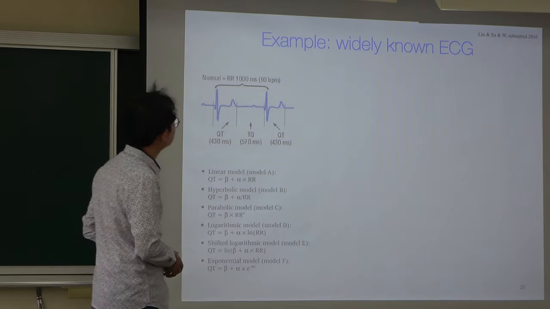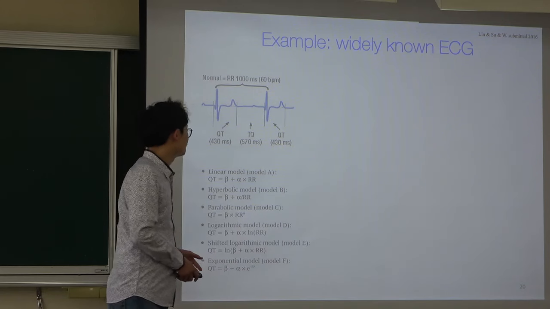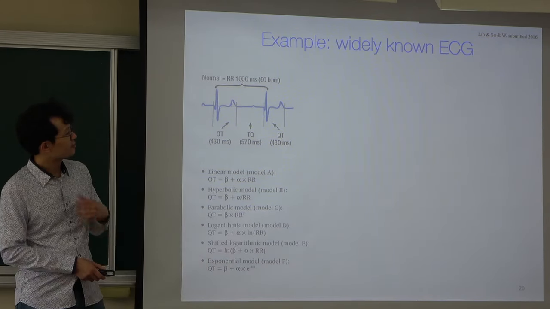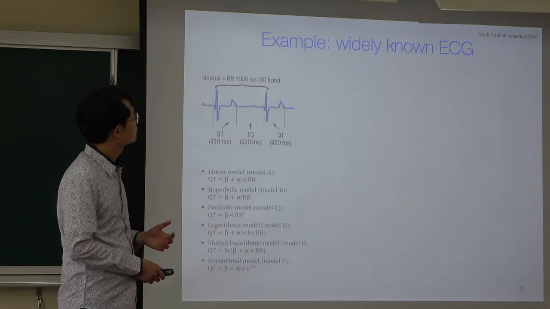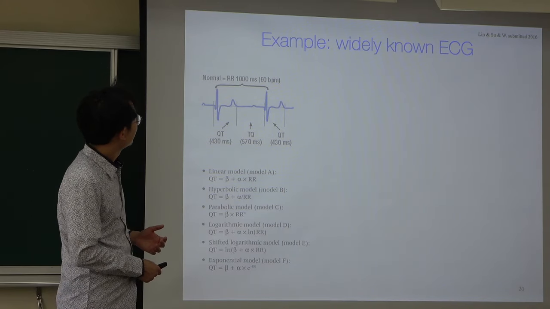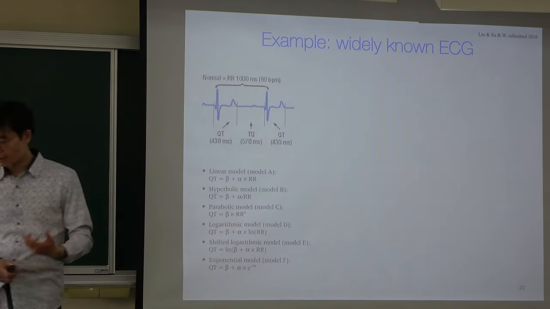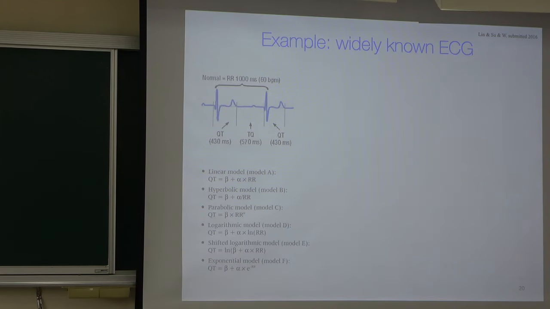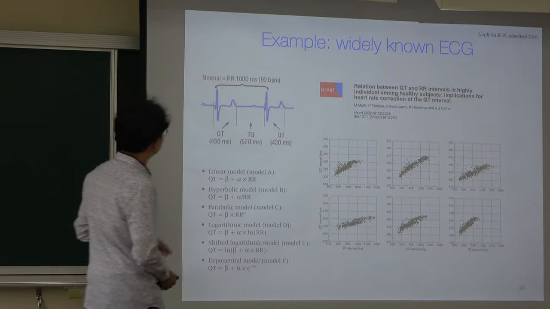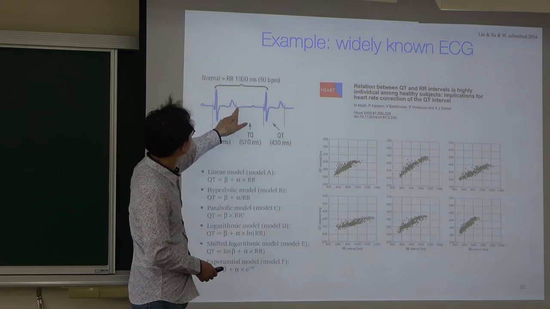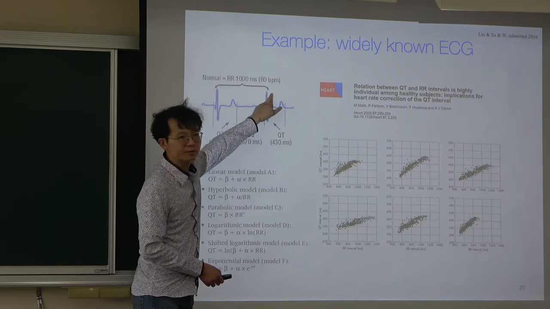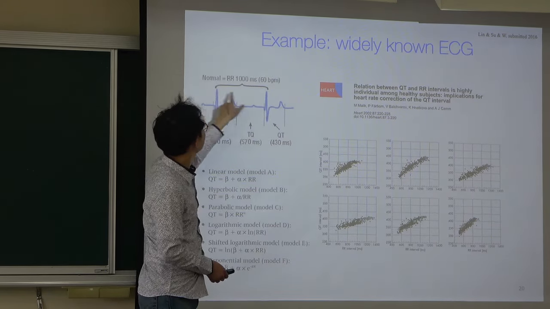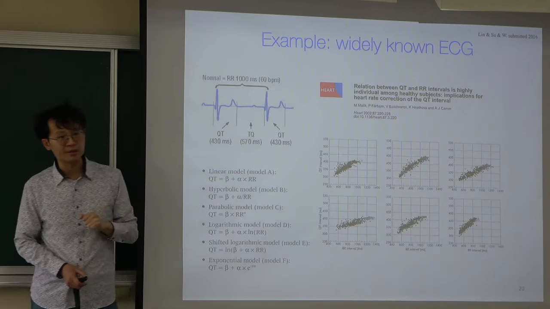And there are more examples. If you have some background knowledge about ECG signal, then you may see that this is called QT interval, and this is called R interval. And this QT interval and R interval are actually not linearly related.